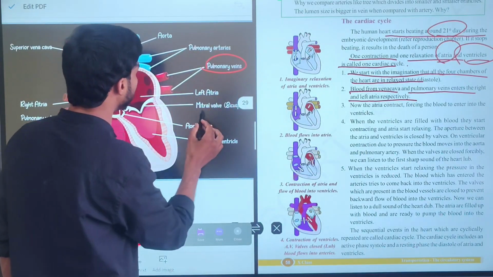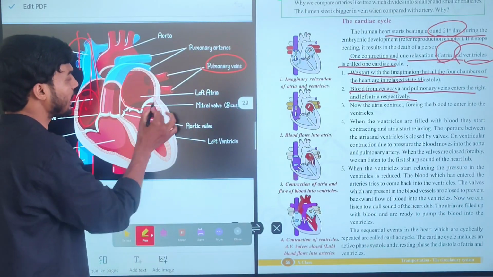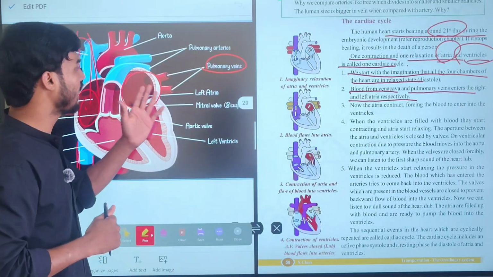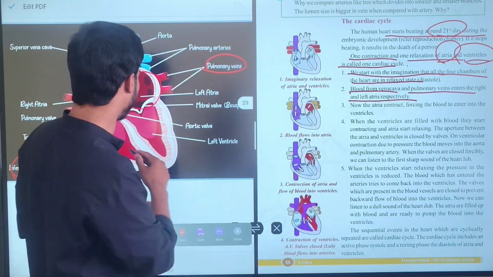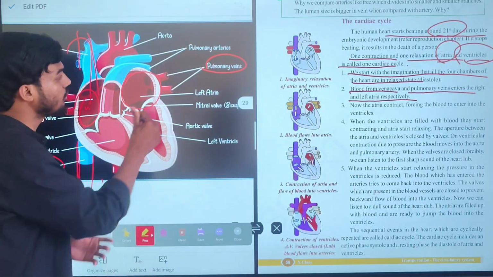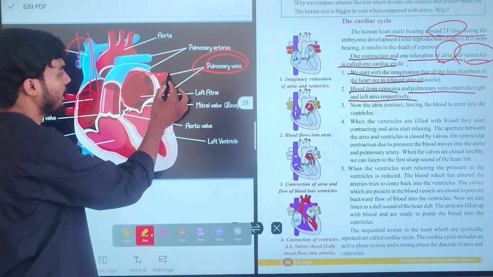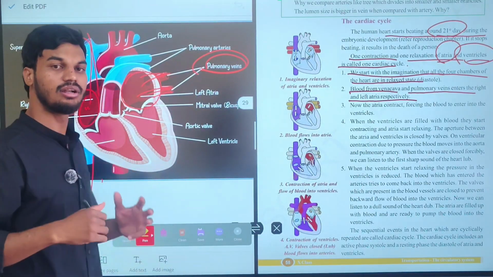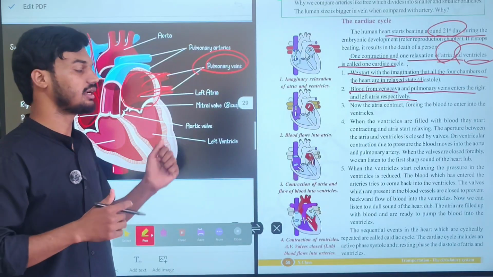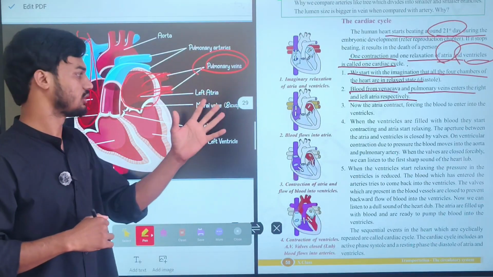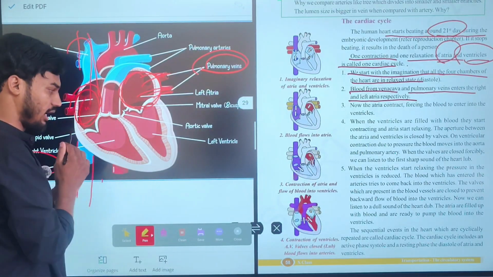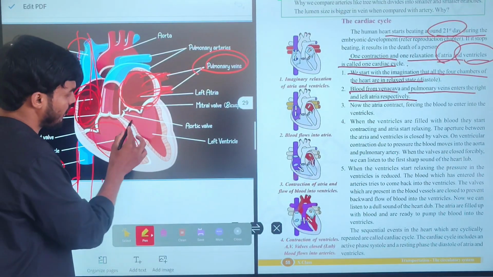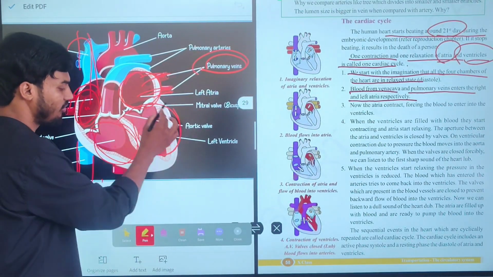The pulmonary veins collect the oxygenated blood that has been oxygenated at the lungs, and it enters the left atrium. Then the blood enters the right ventricle and left ventricle.